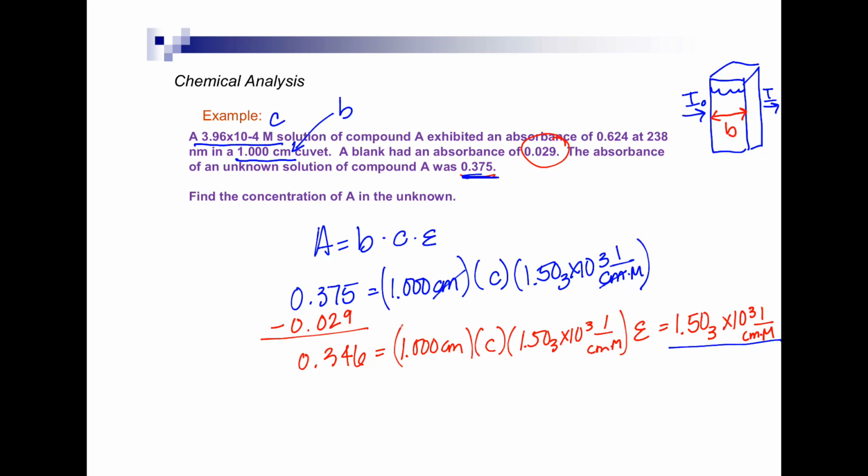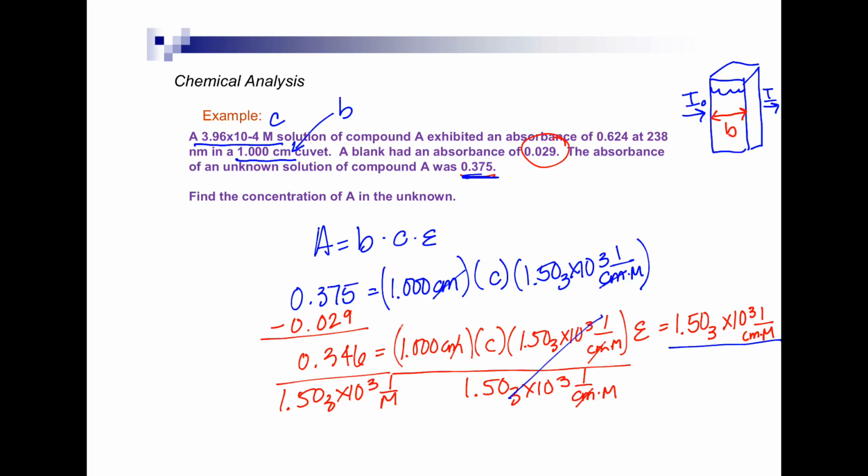Alright, so algebraically what I'm going to do is divide both sides by this. And that had canceled out, so I don't even need to deal with that. And I'm going to divide both sides. Alright, so those cancel out.